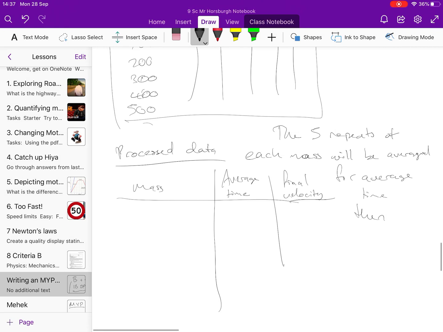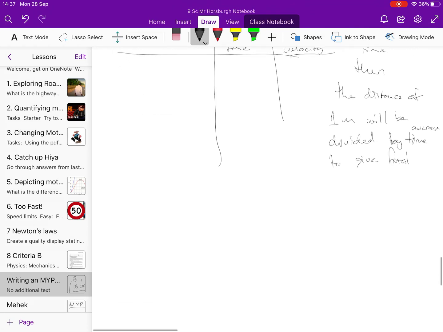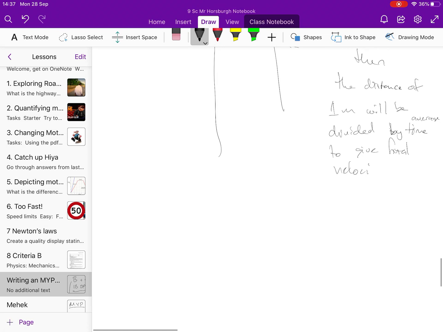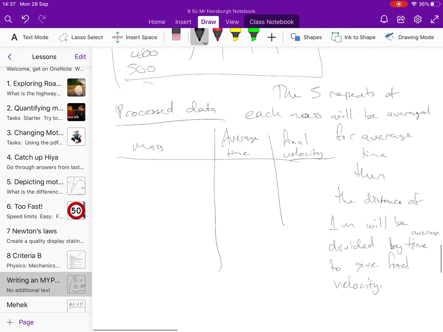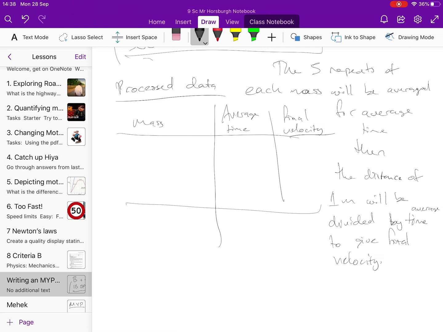Then the distance of 1 meter will be divided by time, or average time, to give final velocity. My sentence doesn't make much sense, but you can write it properly.